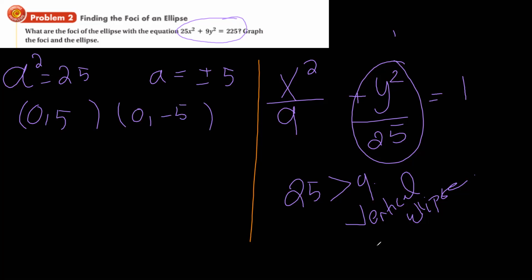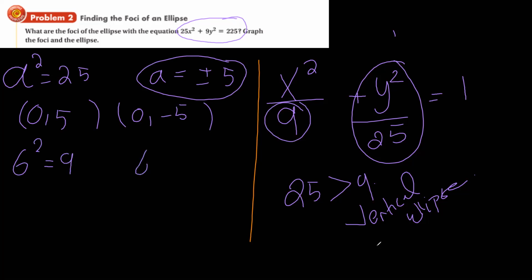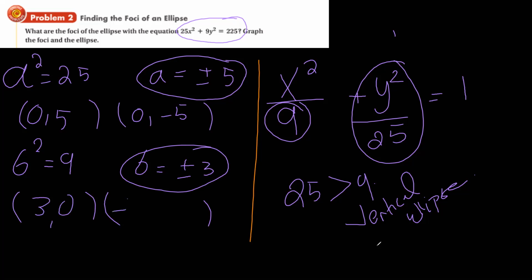So now I have A. Let's find B. From here, B squared is 9. So what is the value of B? B is positive, negative 3. So the co-vertices are 3, 0 and negative 3, 0.